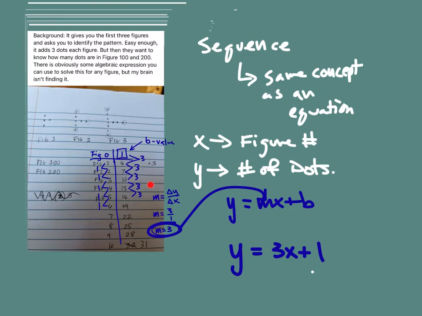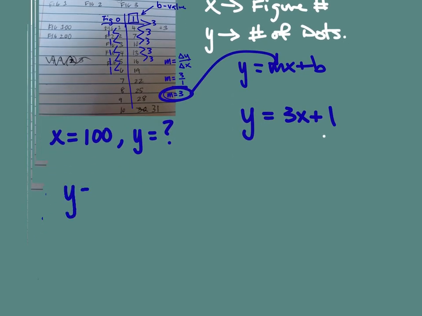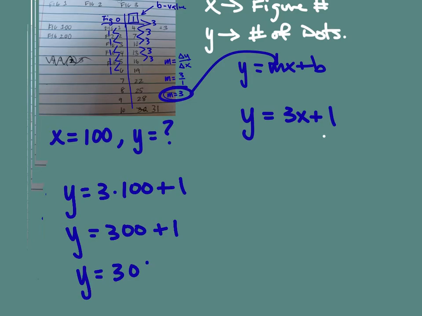For figure 100, x is equal to 100. What's y, the number of dots? We plug that into our equation and get y equals 3 times 100 plus 1. 3 times 100 is 300, add 1, and y is equal to 301.